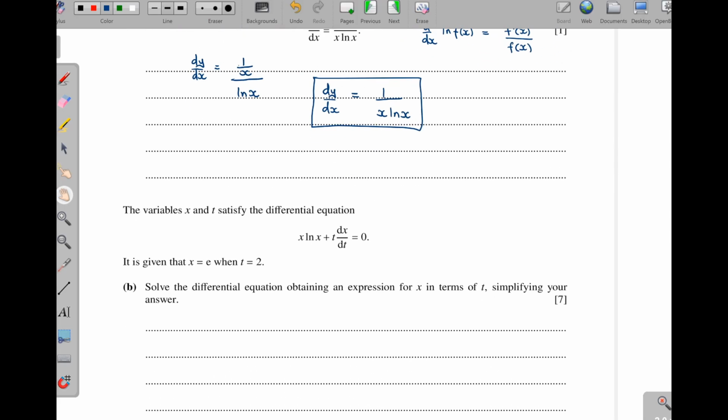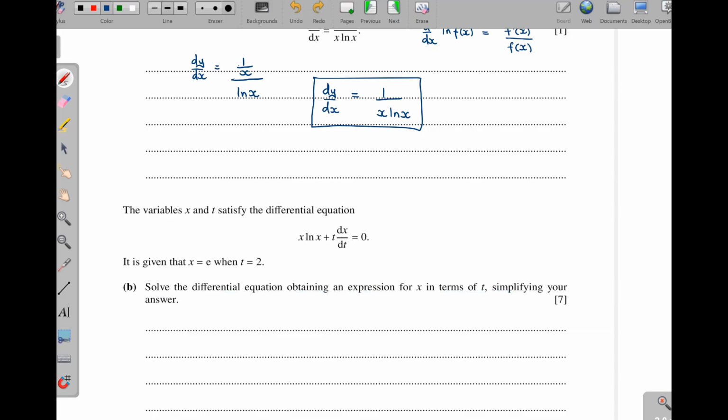Then the next one, the variables x and t satisfy the differential equation. It is given that x is equal to e when t is equal to 2. Part B, solve the differential equation, obtaining an expression for x in terms of t, simplifying your answer.